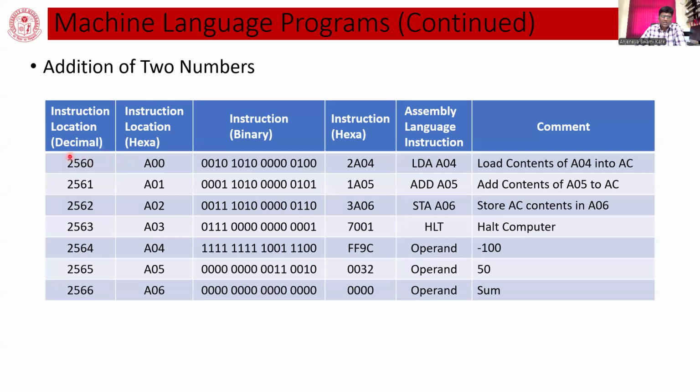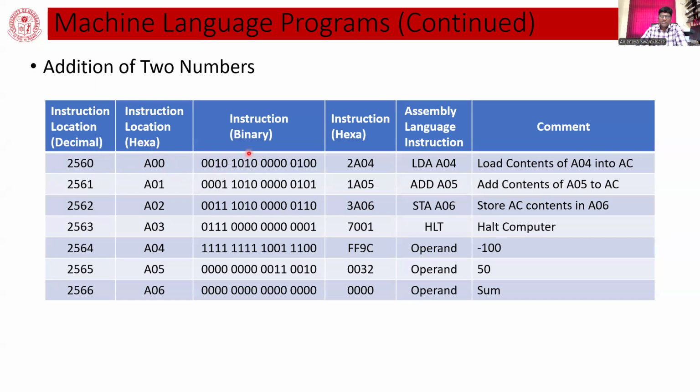This is the decimal number: 2560 is the decimal number of the memory location where this instruction is stored. This is the hexadecimal value. Hexadecimal is like decimal being base 10, but hexadecimal is base 16. Usually memory locations are represented in hexadecimal because they are shorter in notation.